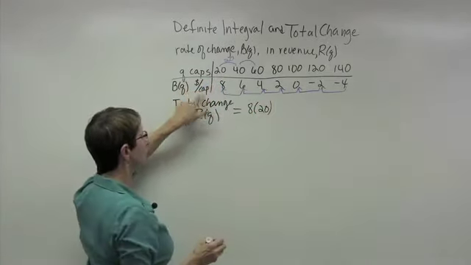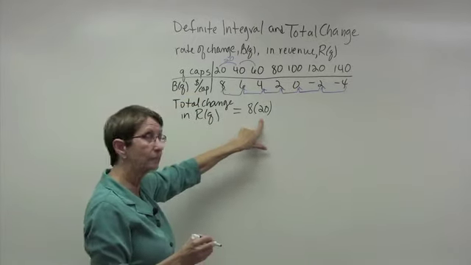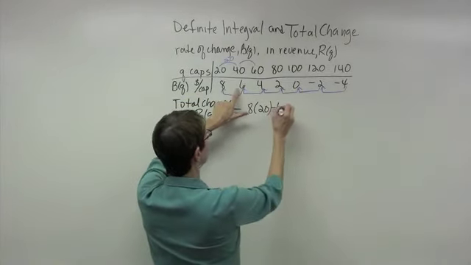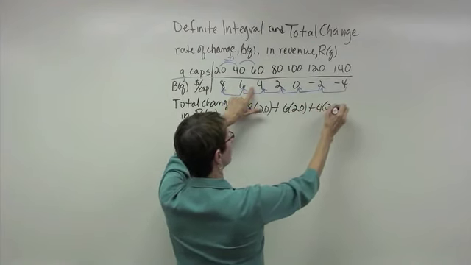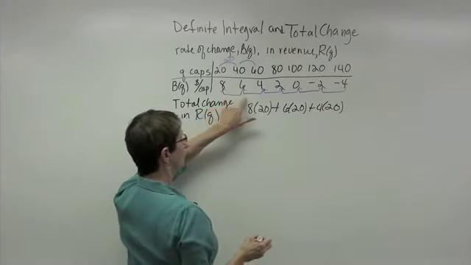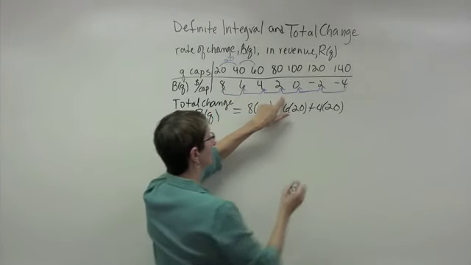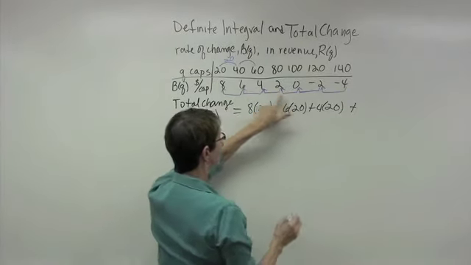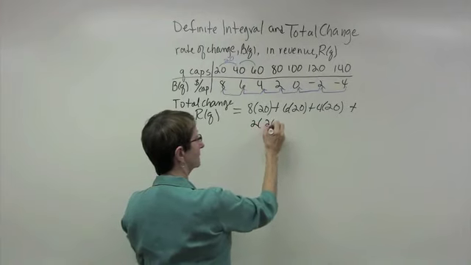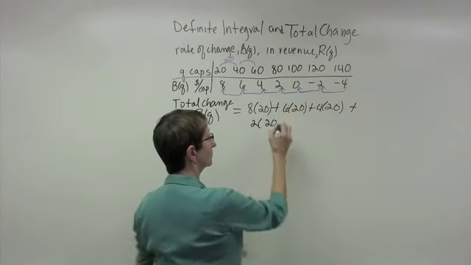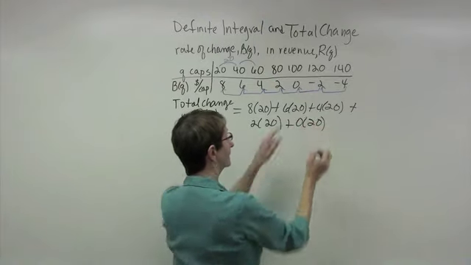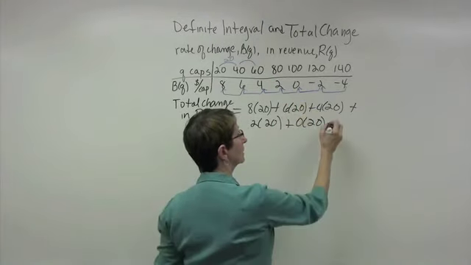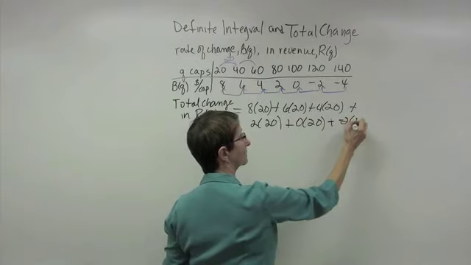This is dollars per cap times number of caps, plus 6 times 20, plus 4 times 20. This gets me to 3 intervals, plus on my next interval, it's 2 times 20. On this interval, it is 0 times 20. And on the last interval, we have -2 times 20.